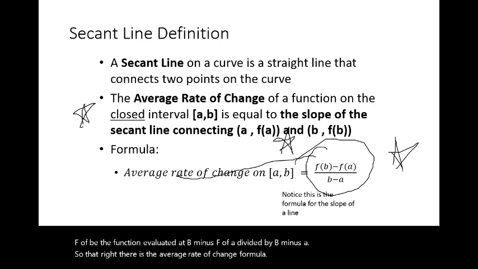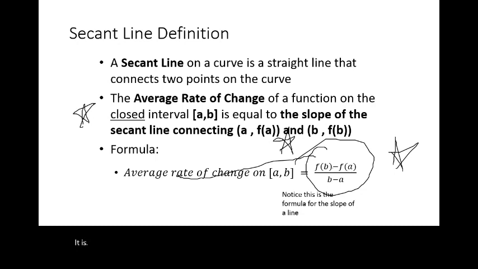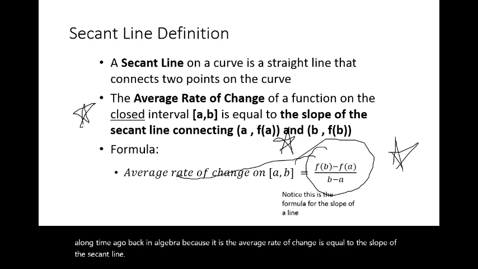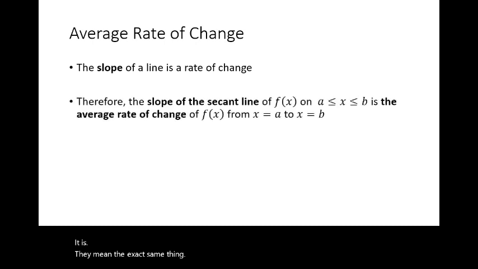It is basically the slope of a line. It is the exact same equation as the slope formula that you learned a long time ago back in algebra, because it is. The average rate of change is equal to the slope of the secant line. They mean the exact same thing. So with average rate of change, the slope of a line is a rate of change. You learned that back in Algebra 1 or whenever you learned about slope of a line.